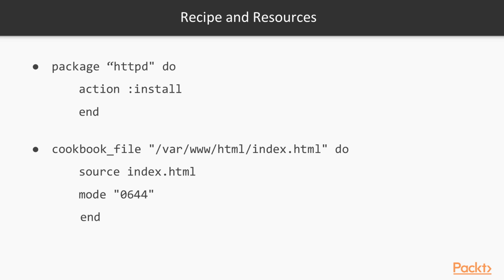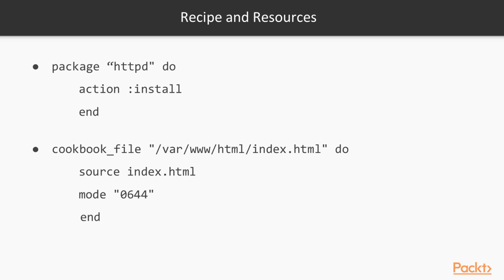So let's take a look at one of the other resources named cookbook_file, which is also very important and which helps you distribute your individual files onto multiple nodes. How it works is that in the name section, you provide the path of the destination location on the nodes. Then we have multiple parameters taken by the cookbook_file resource.